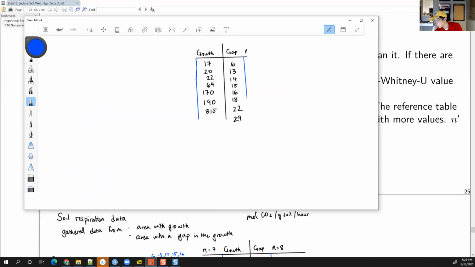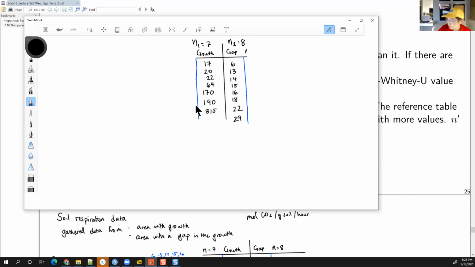And for the gap area, the numbers go 6, 13, 14, 15, 16, 18, 22, 29. The two samples are of different size, and that's okay. For growth, we have a total of 7 values, and for the gap, we have a total of 8 values.